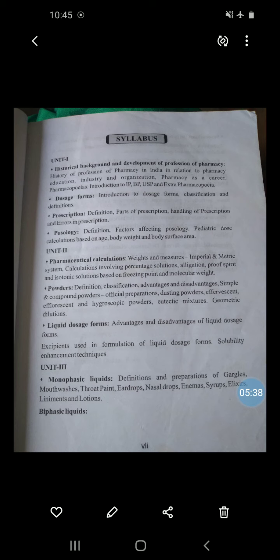Then syrup may contain pleasant flavoring substances. If the syrup contains a flavoring agent, then it is called flavoring syrup. Examples of flavoring syrup: cherry syrup, acacia syrup.